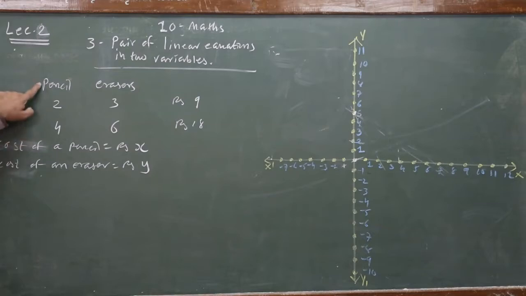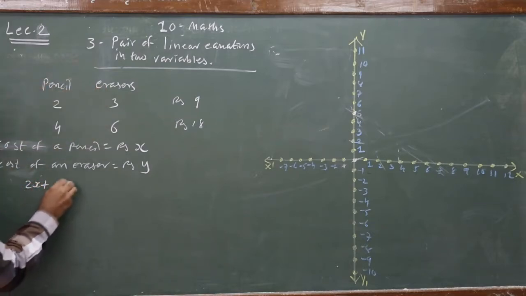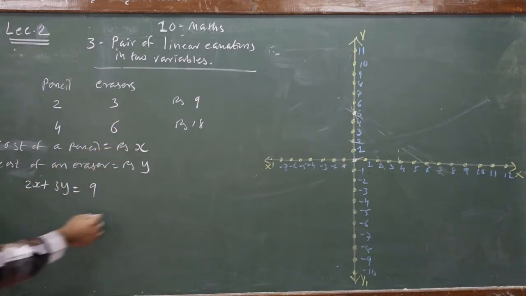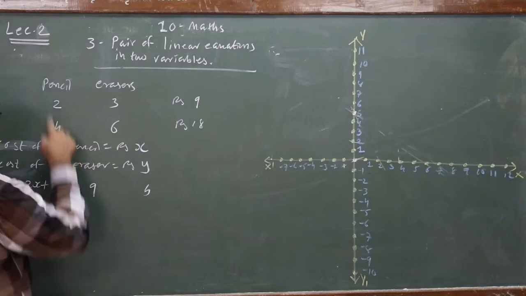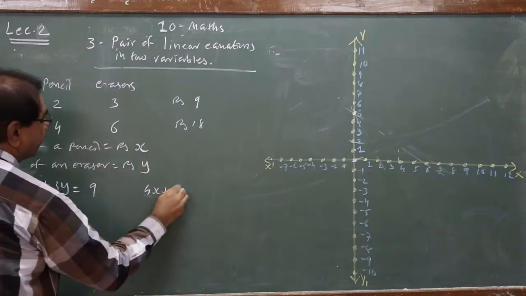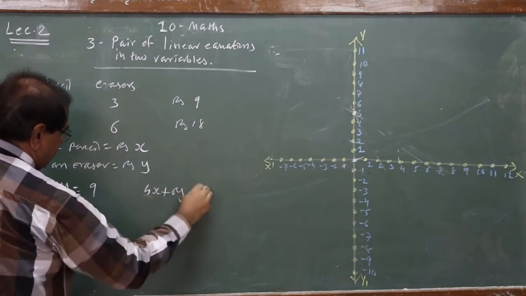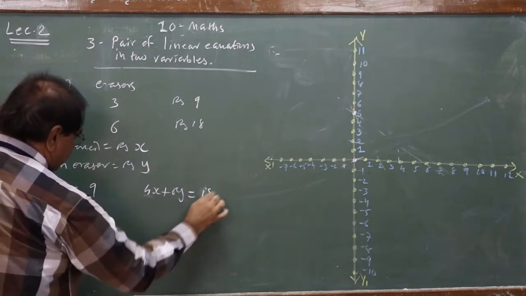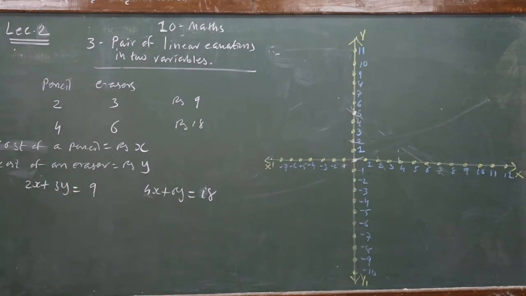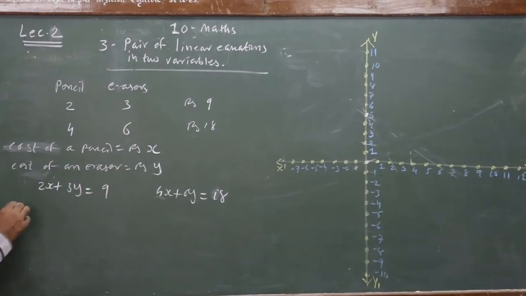So 2x plus 3y is equal to 9. And the second equation, 4x plus 6y is equal to rupees 18. So these are the two equations formed.